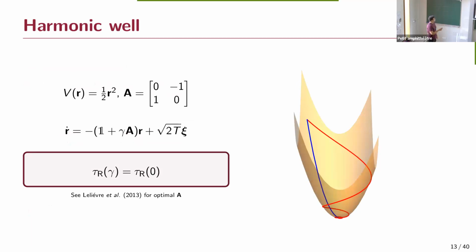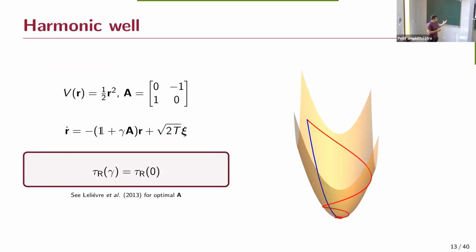You take, for example, a two-dimensional harmonic well, and you look at how your dynamics perform, and what it turns out is that the relaxation time for gamma different from 0 is equal to the relaxation time at gamma equals 0. And so therefore, if you want to relax inside a convex potential, this kind of dynamics is of no use, basically.